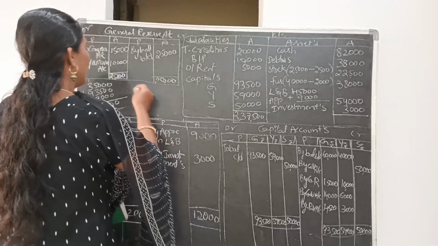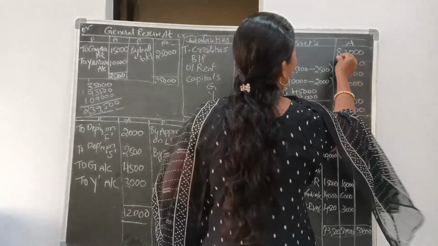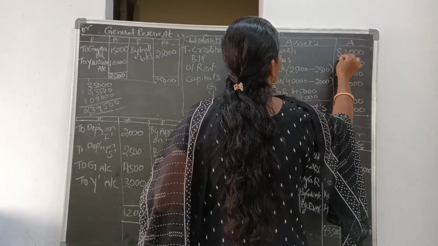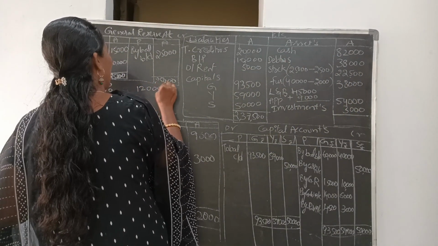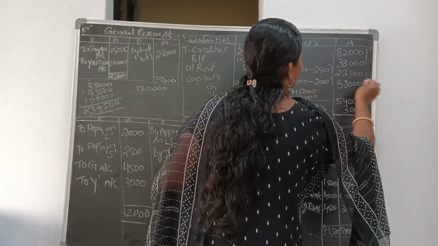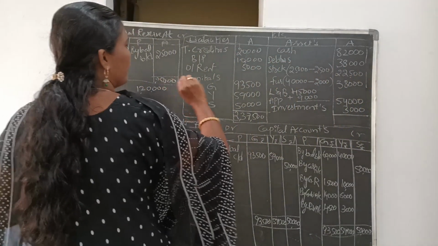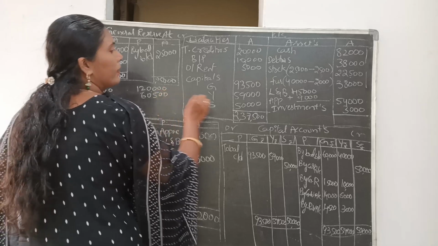Now let me check the asset side. 80, 90, 1,20,000. I'm adding two values, 1,20,000 and 60,500.